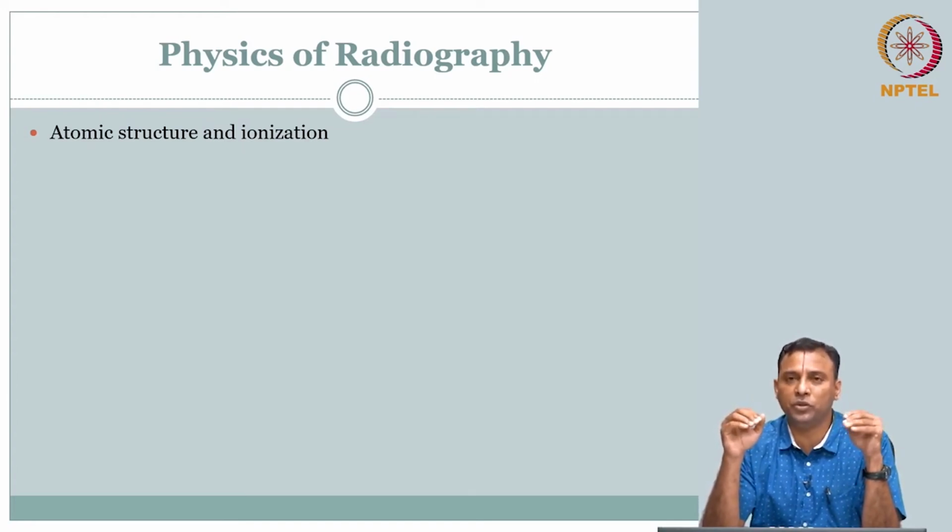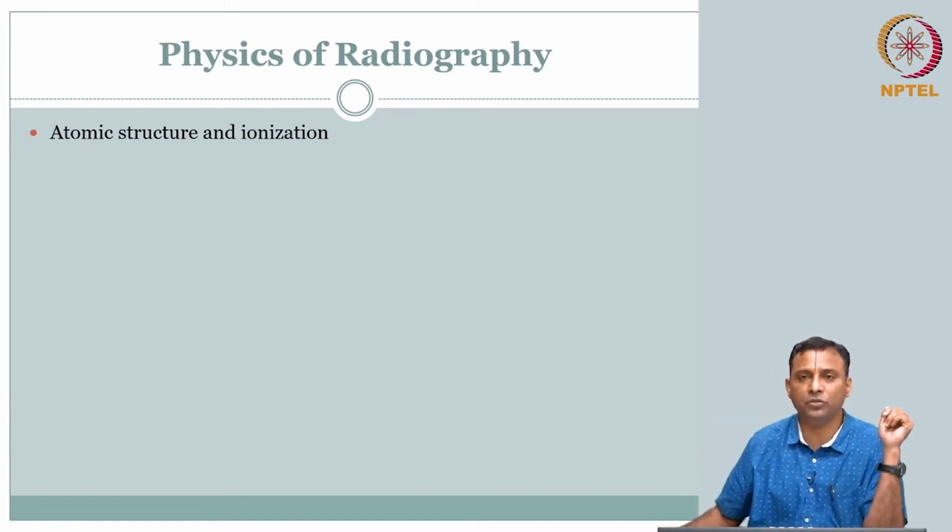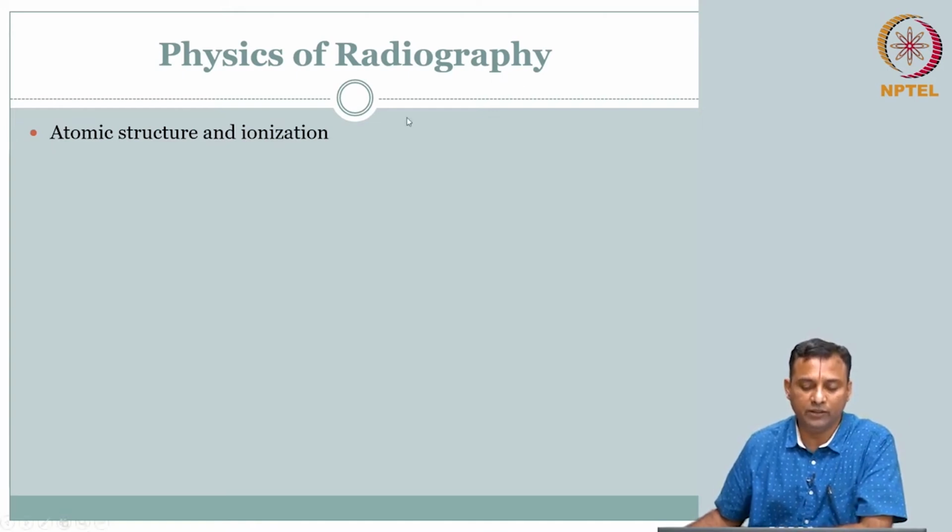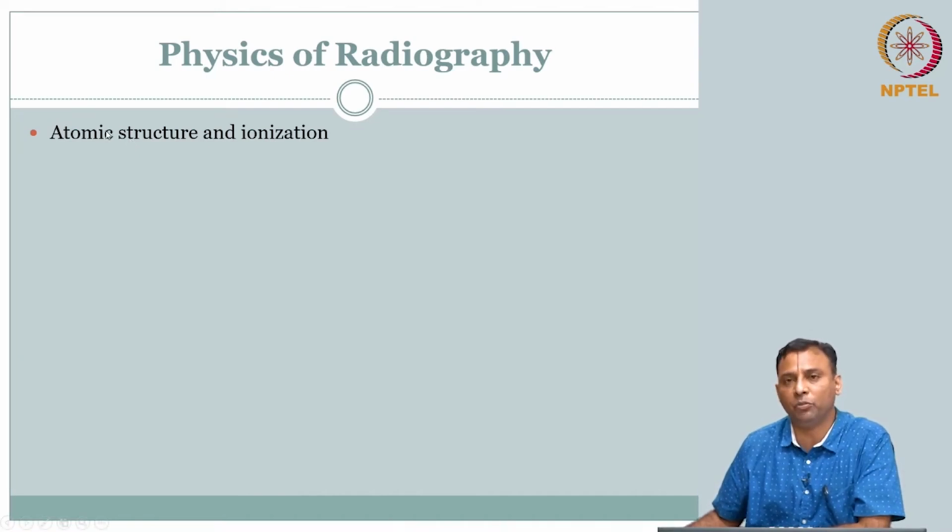So we did use those terms. Now it is time for us to formally define what we mean by ionization. Before we do that, we will do one slide review of atomic structure, just so that you know what aspect of atomic structure we exploit, and which modality comes out of it.